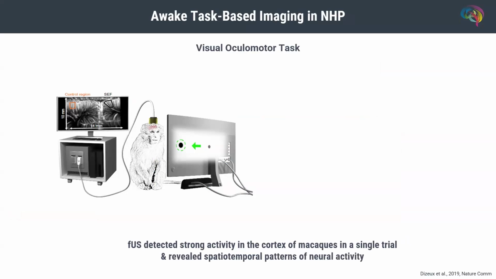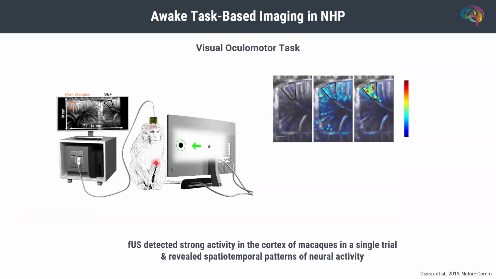And here functional ultrasound was able to reveal activity in the supplementary eye field that you see here and in the anterior cingulate cortex that is here. So areas that are involved in eye control, the supplementary eye field, and decision making, the anterior cingulate cortex, that were involved, of course, in this task, where the monkey had to fix and decide which side to go.